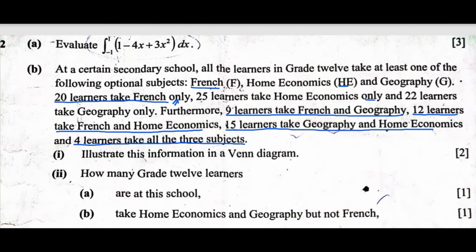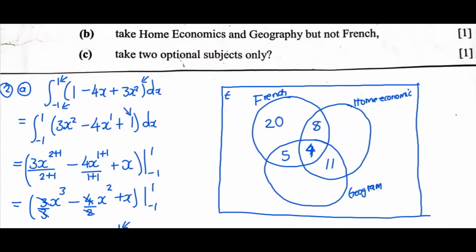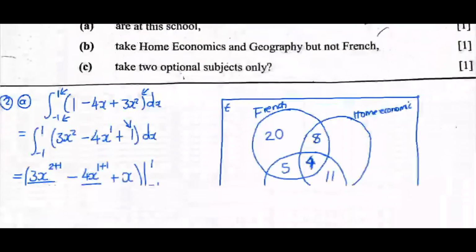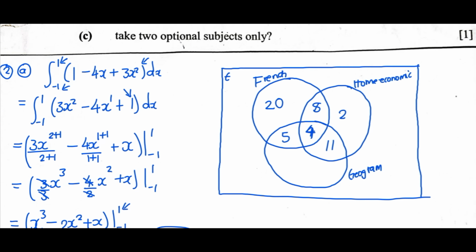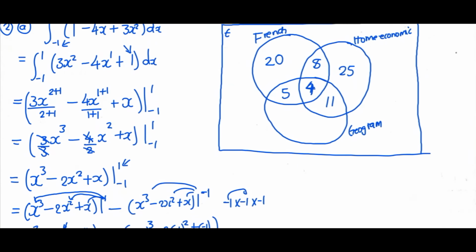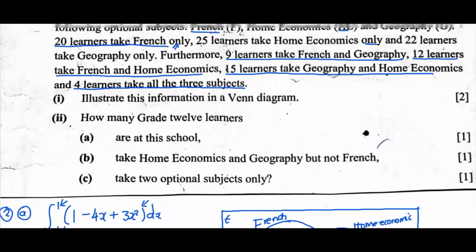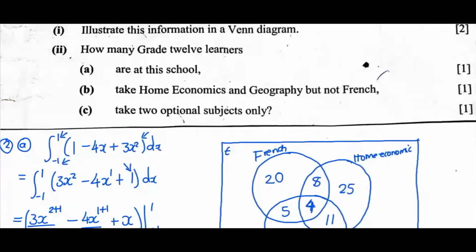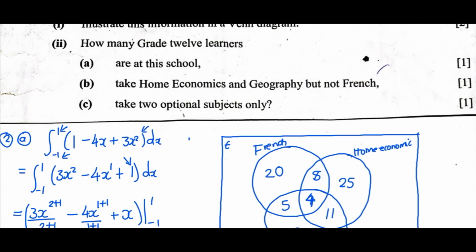See, there is also only here. We are not going to do the subtraction. So you just have to write 25 like this. Then what else? 22 take geography only, so we put 22 here. Then do we have those that did not do anything? No. So the first question, Roman number 1, we are done.